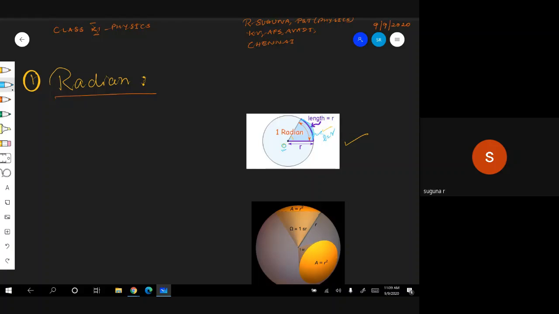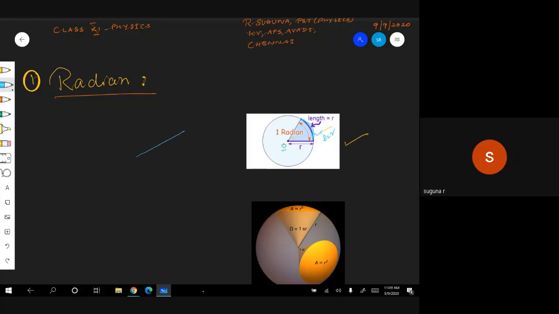So once again, I'll define 1 radian. The angle subtended at the center of the circle by an arc of length equal to its radius. Therefore, if you draw, this is the arc.